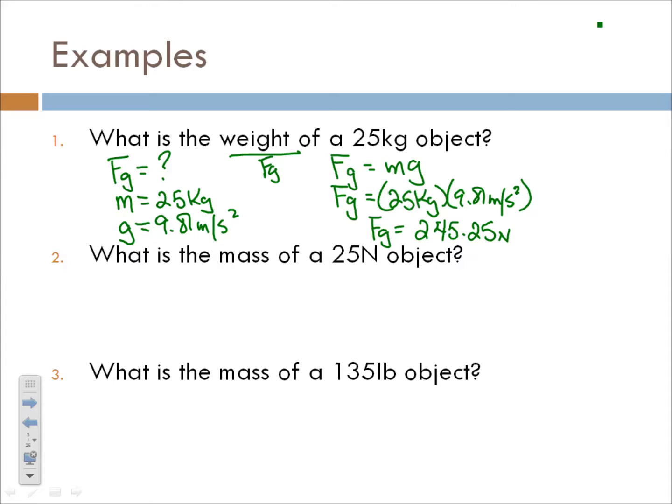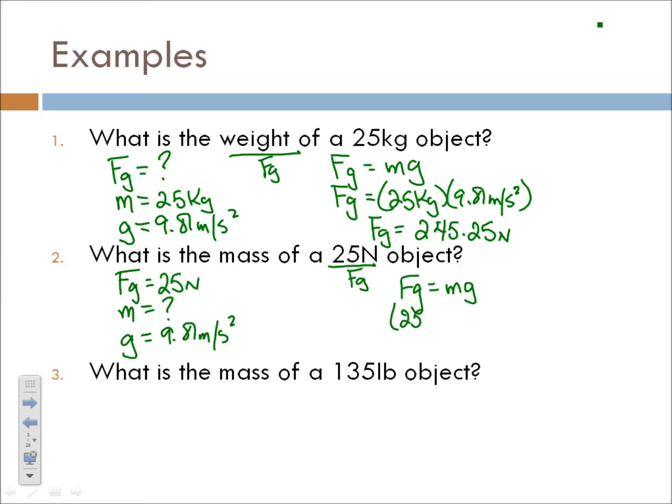What about the mass of a 25 newton object? Well, 25 newtons is a measurement of force. If we're saying an object is 25 newtons, then we're saying that the weight of the object is 25 newtons. That is one of our givens. We're looking for the mass, that's our unknown. Acceleration due to gravity we know is 9.81 meters per second squared. So we use our equation again.